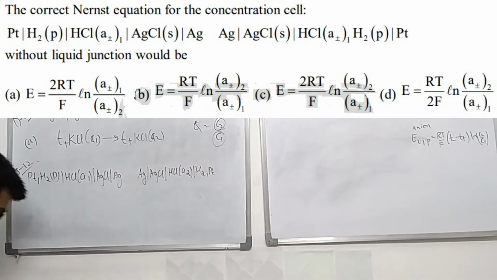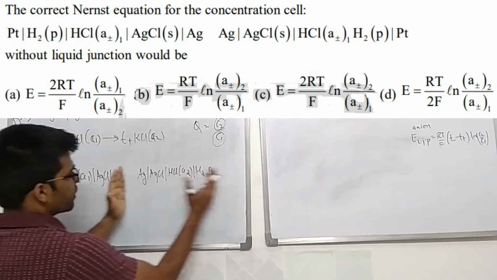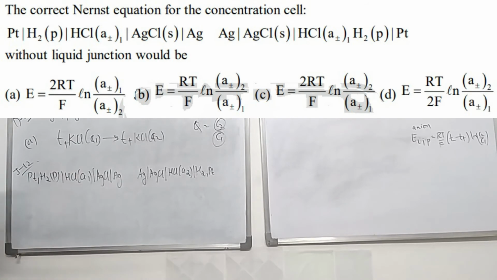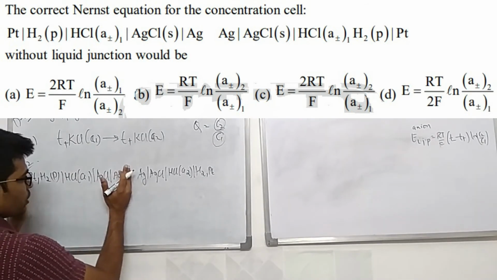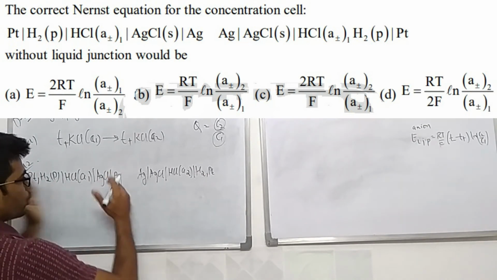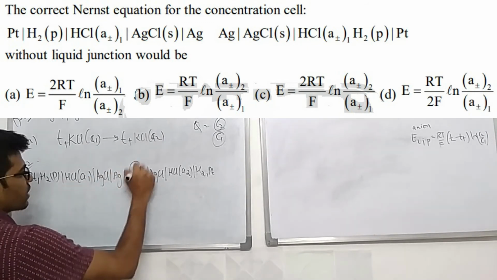Now it is two complete cells. It's not two half cells, it's two complete cells. Now this is one concentration cell, this is one concentration cell. This will have one liquid junction potential, this will have one liquid junction potential. So let's do this. Suppose I am taking the first one, this is the second one.